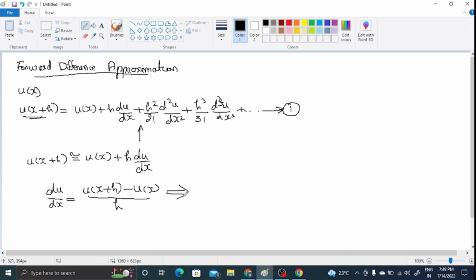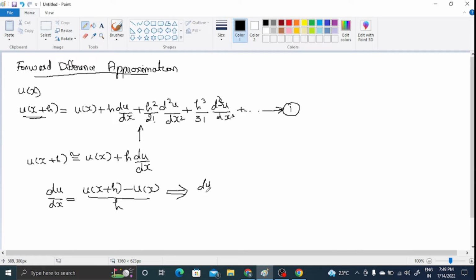So if you are terminating at this particular point, means if you are removing these remaining terms, then we have u of x plus h almost equal to u of x plus h into du by dx. We can write du by dx is equal to u of x plus h minus u of x divided by h.